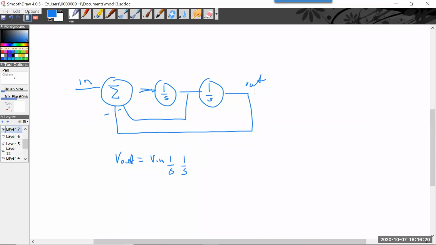But V out also depends on V out. I have V out, and I'm leaving the sign blank for right now. I come around. Oh, it's being subtracted. And then it goes through an integrator, goes through an integrator, and I'm just going to put S squared.